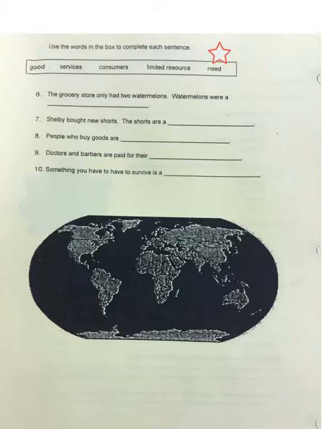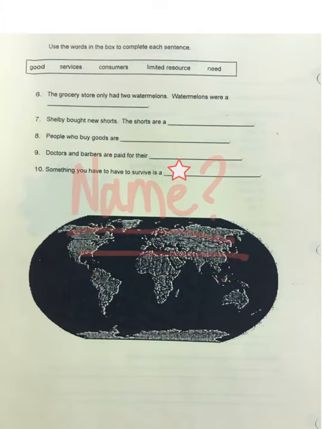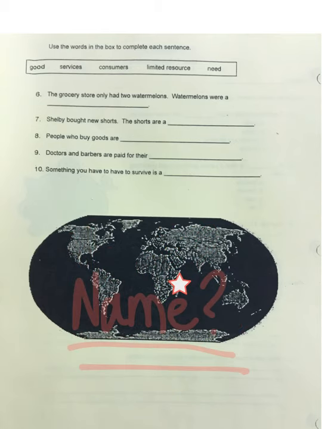Go ahead and pause, fill in your blank right here with the correct word, and then make sure your name, did you put your name at the top, in the front? Go check. If you did, then I think you can turn it in to the turn-in basket.